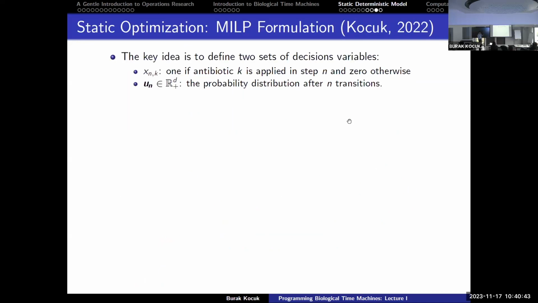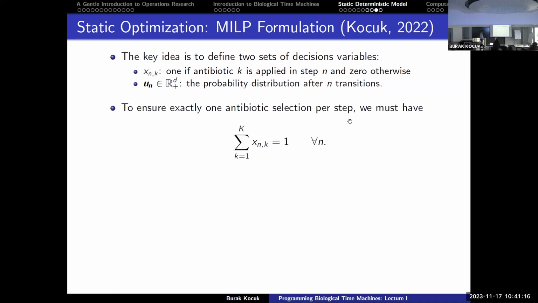But how do you solve this problem using a linear program? This is where it gets a little bit technical. I will need to introduce some mathematical notation and integer programming lingo. I will define these 2 sets of decision variables, X and K, representing which antibiotic you apply in each step. And then I also have this vector variable, U_n, which denotes the probability distribution.